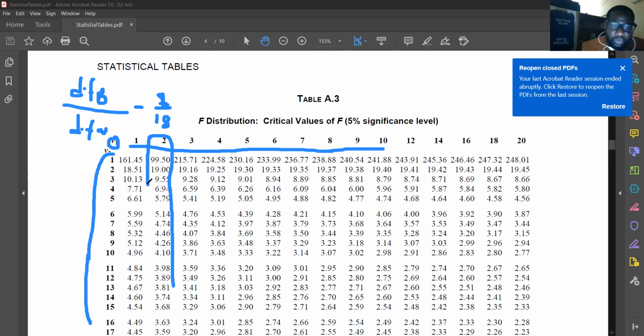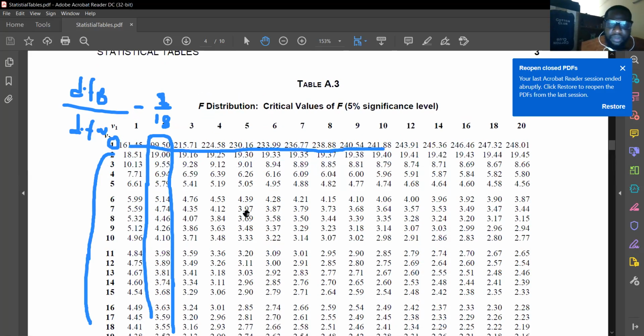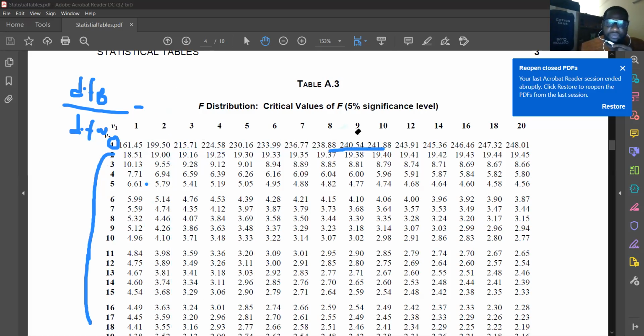Then you ask yourself, which of the values should I select? Per our degree of freedom for within, we had it to be 18, so you're supposed to select this 18. When you trace, you select this value, which is 3.55, as your F critical. So our F critical will be 3.55.